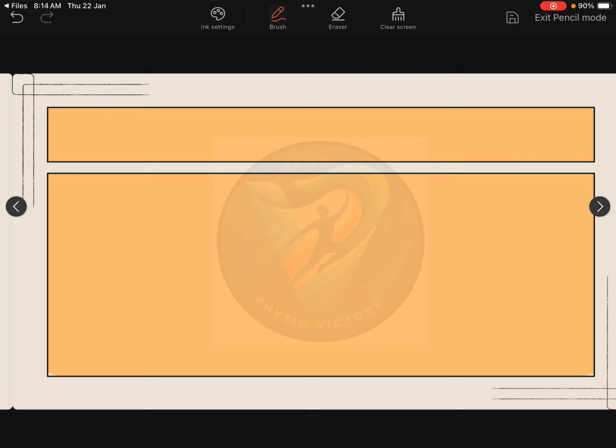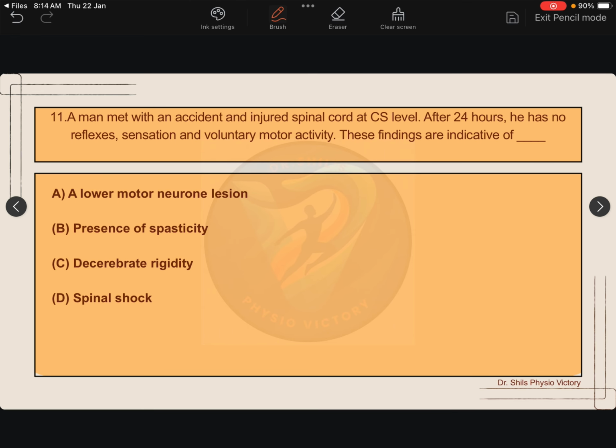Next, come to question number 11. Man met with an accident and injured spinal cord at C5 level. After 24 hours, he has no reflexes, sensation, and voluntary motor activity.